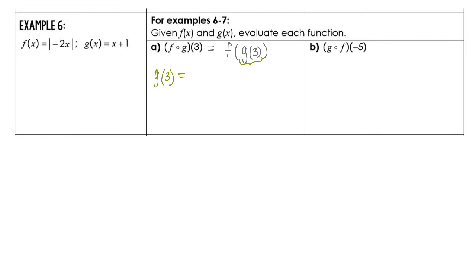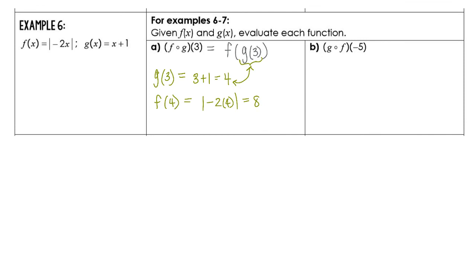And so looking at that, g at 3 looks like it's going to be 3 plus 1, which is 4. And so now I'm going to replace g at 3 with its actual value of 4. And so now I'm going to solve for f at 4. And f at 4, we would go back over and plug in. That's going to be the absolute value of negative 2 times 4. And so that is going to give me 8.